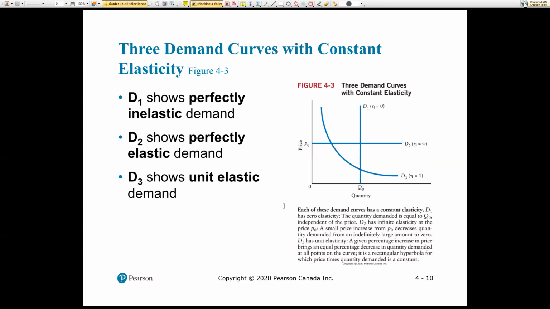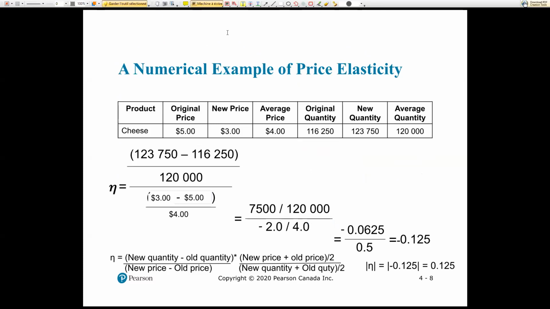Or what do you mean by finding the middle point? How do you do that? Oh, let me go back to here. So I have a new quantity, 123,000, minus the old quantity, 116,000.